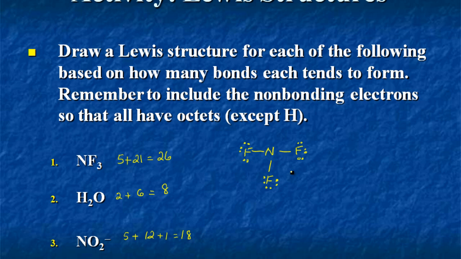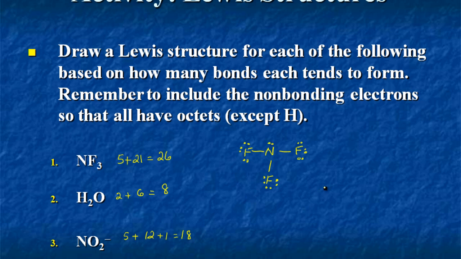Are we using all 26 so far? No, there are 2 left. And who is not happy here? So you can give those 2 to nitrogen, and you are using all 26, and everyone is happy with the octet.